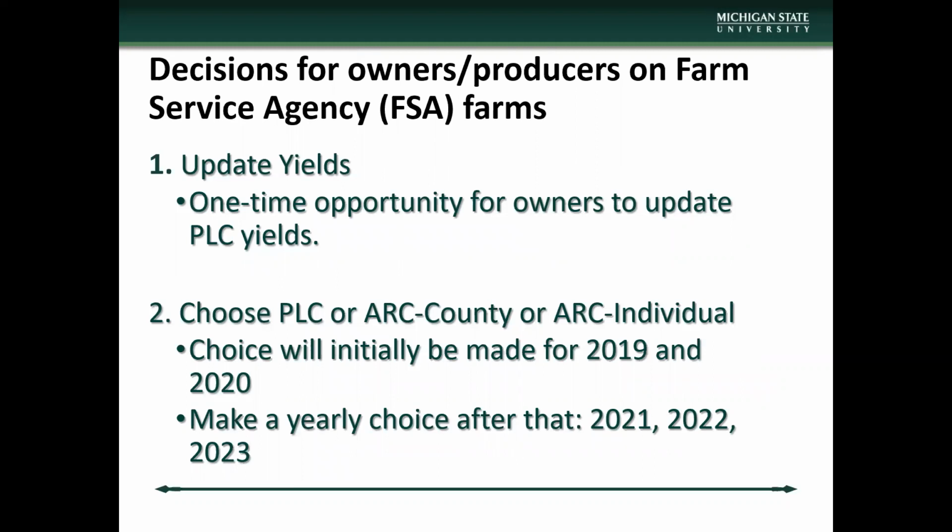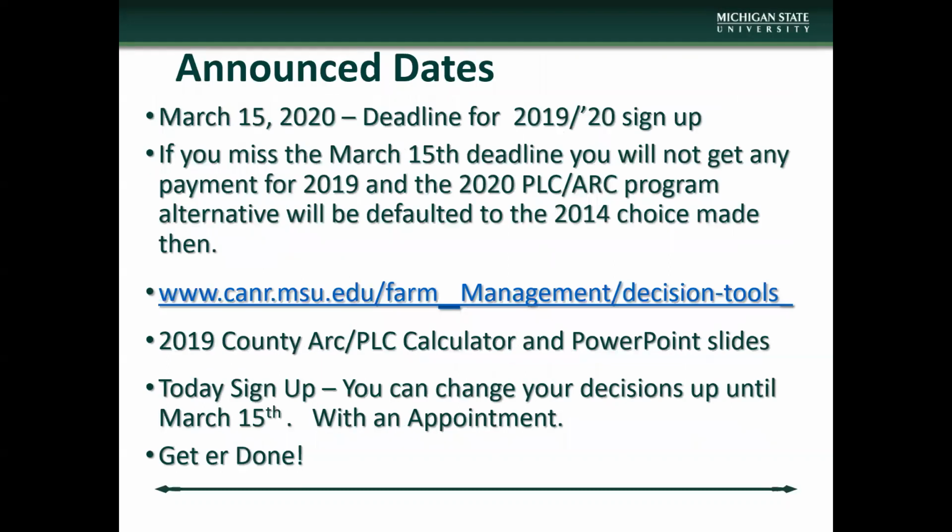So you could choose the price loss coverage decision, which is PLC. Alternatively, you could choose the ARC County or the ARC individual programs. And so that choice will be made for the 2019 and 2020 years. After 2020, you will have the opportunity to change your election across all of your farms. And then for 2021, 2022, and 2023, you'll be able to change those elections on an annual basis.